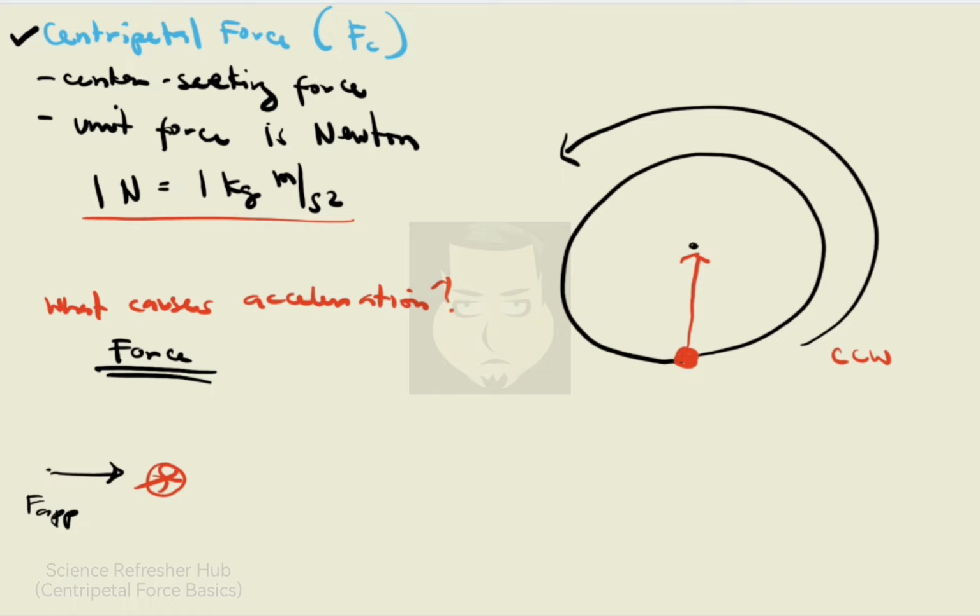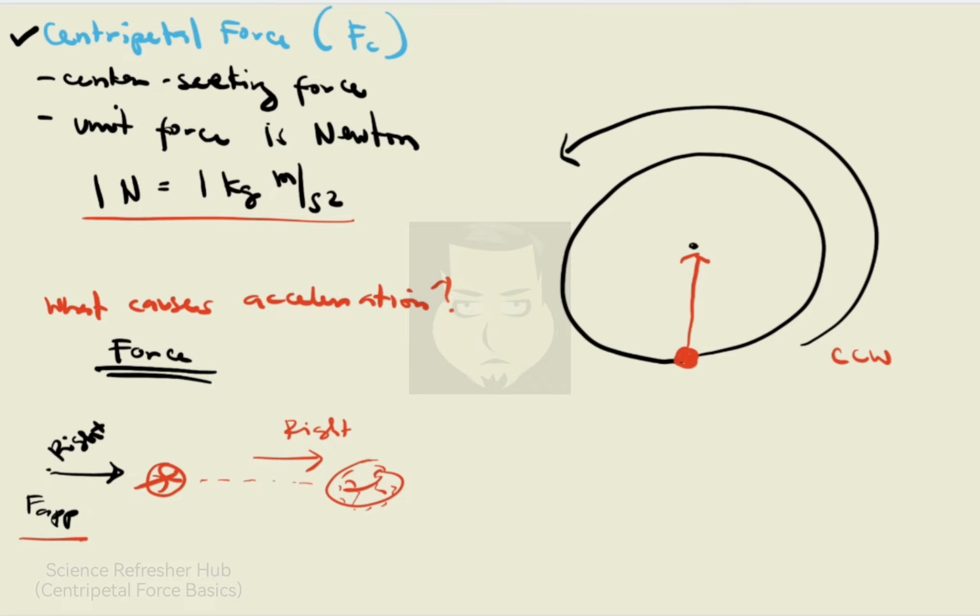If the force is in the right direction, then the ball will also move following the direction of that force. So it will also move to the right. Okay, does it make sense? A force applied to the ball going to the right, and the ball moves to the right.